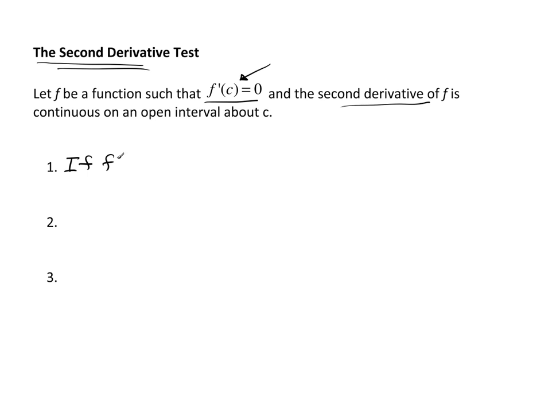If the second derivative of c is greater than 0, then f of c is a local min. Well, that kind of makes sense because think about this. If I have a local min, so right here I have this critical value from the first derivative.